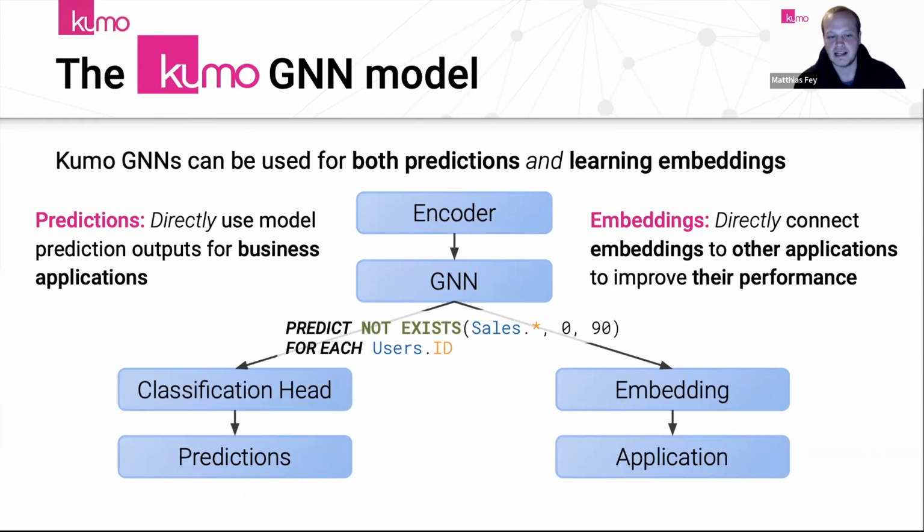We can directly use these embeddings and input them into some form of model head, and in that case, that would be a classification head to obtain predictions for this given predictive query. But we can also just return the embeddings produced by the GNN, and you can use these embeddings to connect them to other applications to also improve their performance.